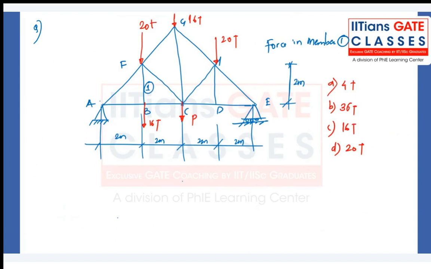The loading is 20 ton at point F, 16 ton at point G, 20 ton at point H, 16 ton at point B. And we have P loading at C.